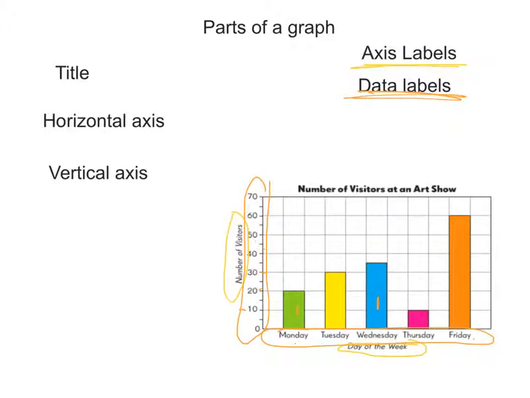If we don't label this line, then we won't know what number of visitors came on Thursday. We have to label these, the data labels on the vertical axis, to know what's going on in the graph.